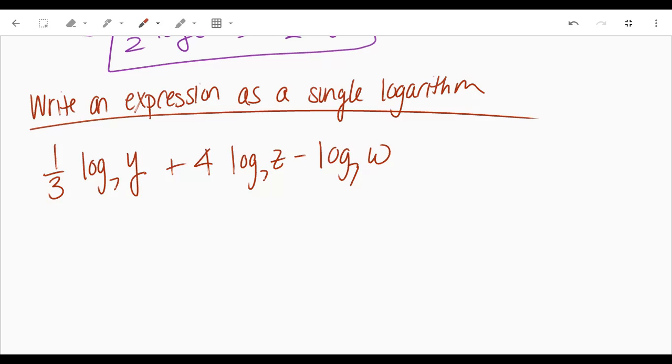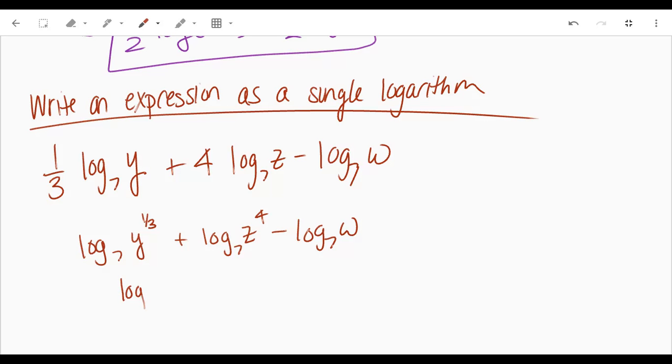Okay, so the first thing we're going to do is put our exponents back on the bases. So we're going to have log base 7 of y to the 1/3 plus log base 7 of z to the 4th minus log base 7 of w. Now we're going to put those first two together.